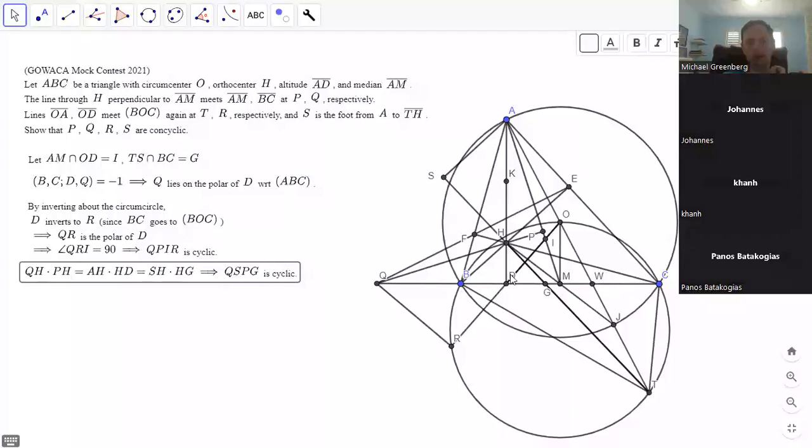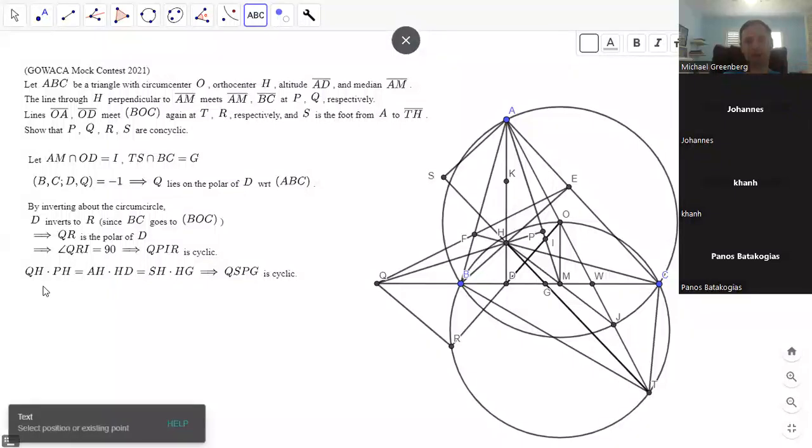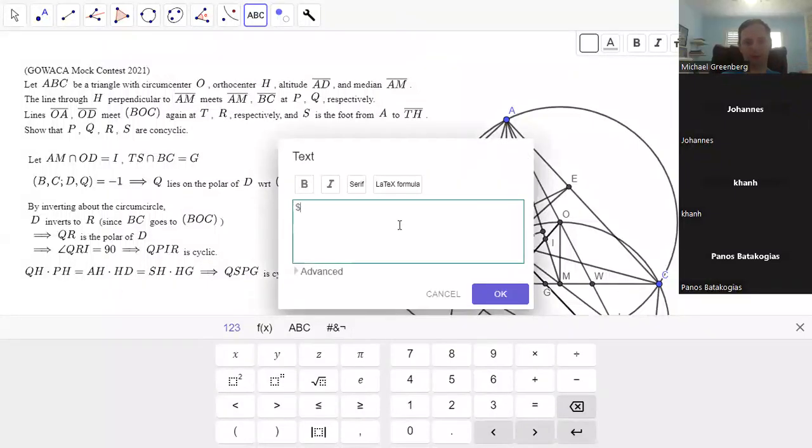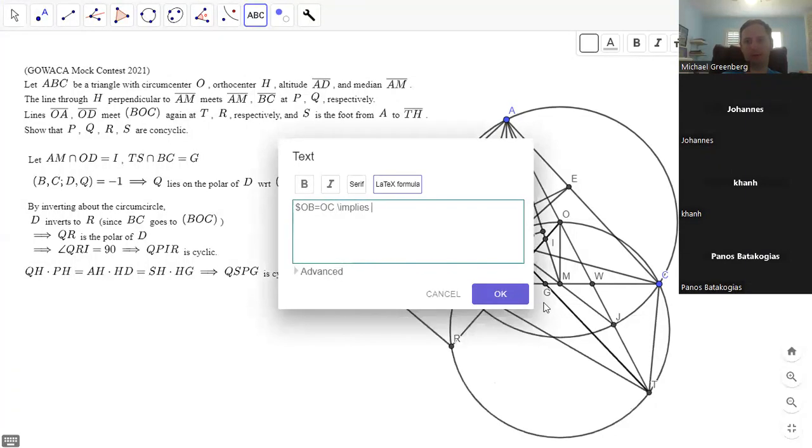And then we could try to show IG. Okay, so T is the incenter of, so O lies on, first of all, since OB equals OC, O lies on the angle bisector of BTC.